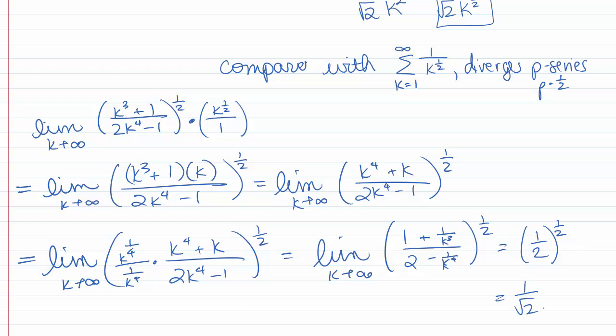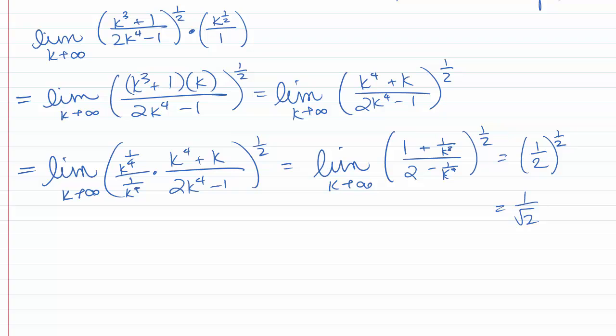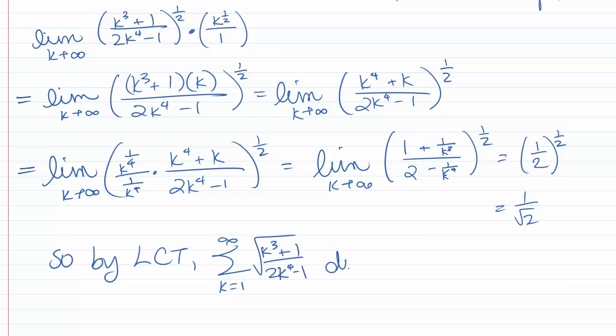And this is a constant. It's bigger than 0, it's less than infinity, so we can use the limit comparison test. And so by the limit comparison test, our series that we care about diverges, since we already showed that 1 over k to the half diverged.